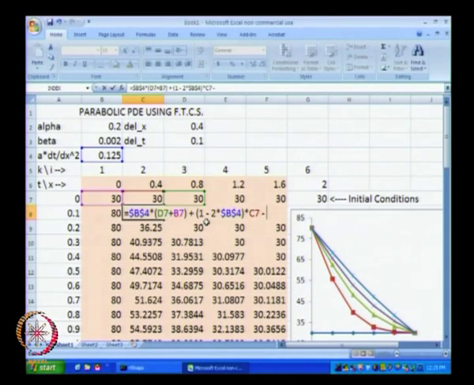So, minus, as we had just seen, beta multiplied by delta T, which was over here, multiplied by the temperature at I comma k, which is this guy. K, remember, over here is equal to 1, our I is equal to 2. So, I comma k is going to be this guy minus 30, 30 was the temperature of the ambient.